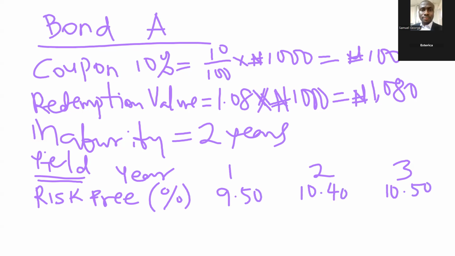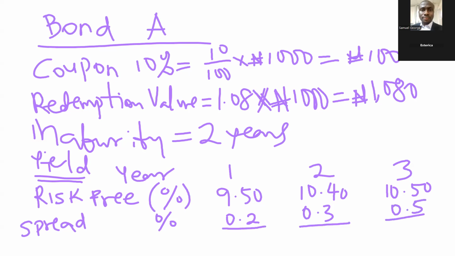Okay. Now, spread in basis points. Year 1 is 20 basis points. That is equal to 20 divided by 100, that is 0.2%. Year 2, 30 basis points, that is 0.3%. Year 3, 50 basis points, that is 0.5%. Add them together.